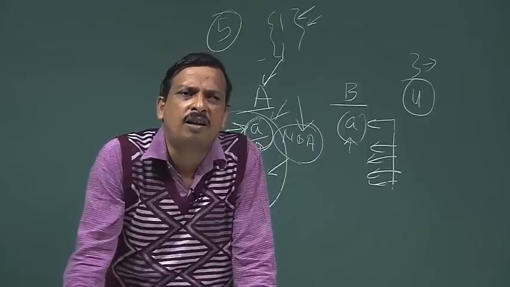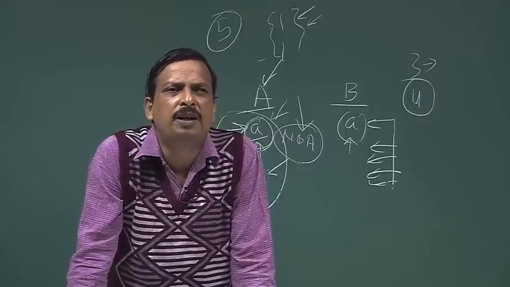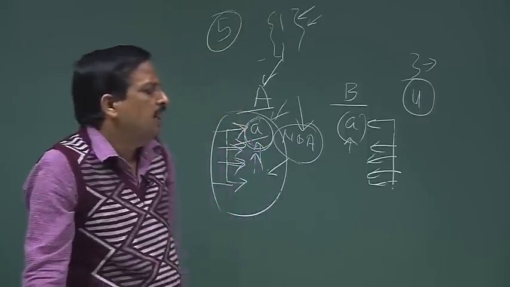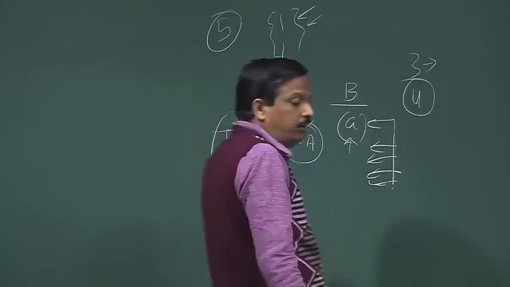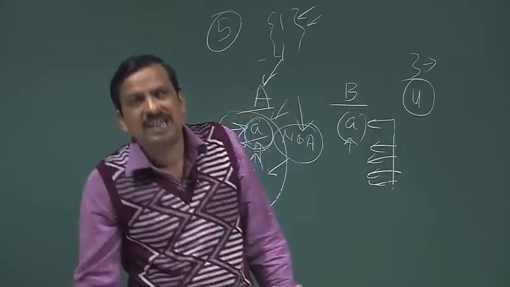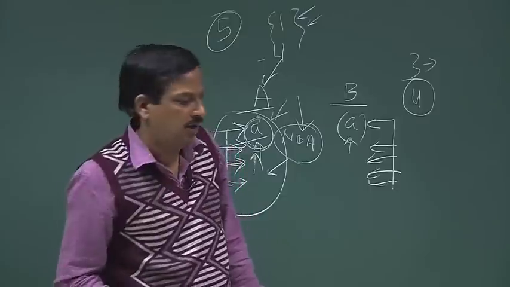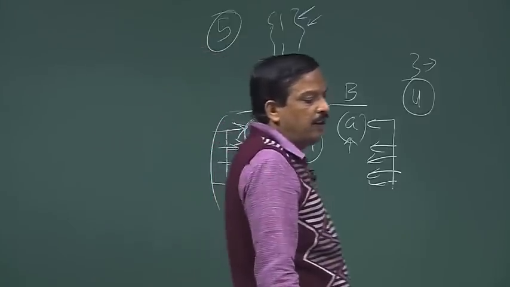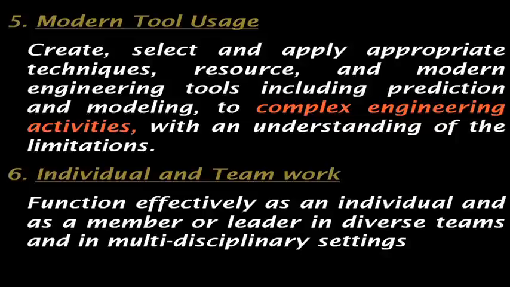There are certain attributes which are domain independent, like individual and teamwork. That means it is a domain independent attribute they should also learn. Function effectively as an individual and as a member or leader in a diverse team and in multidisciplinary setting.